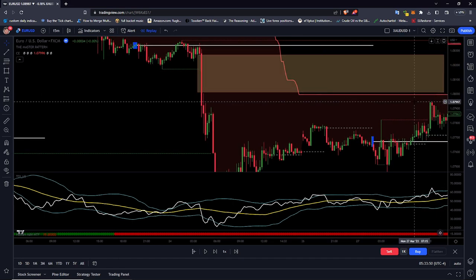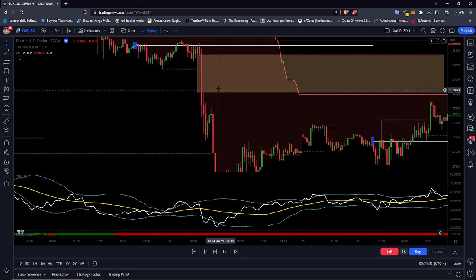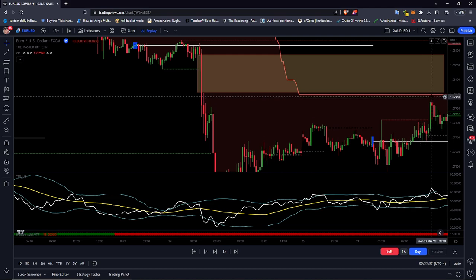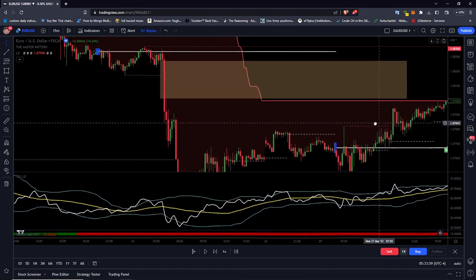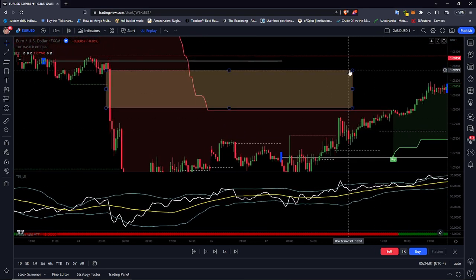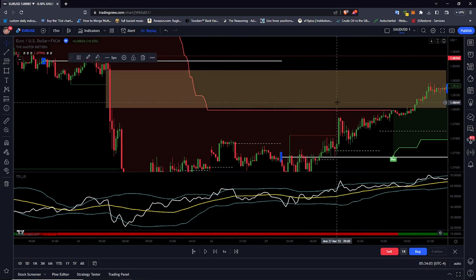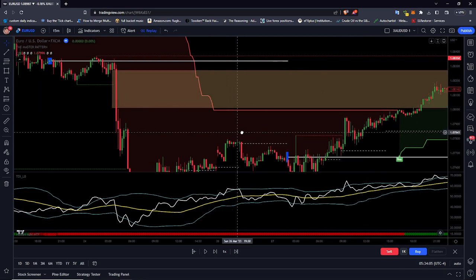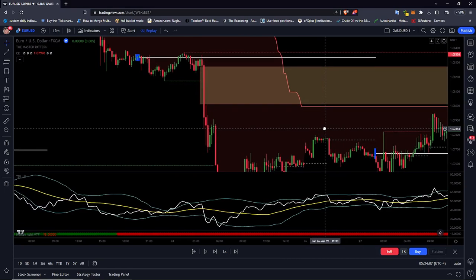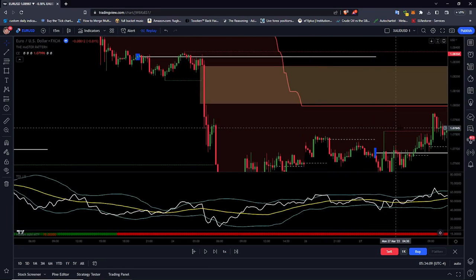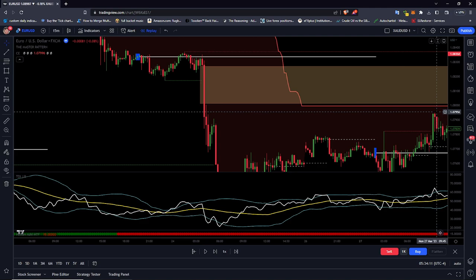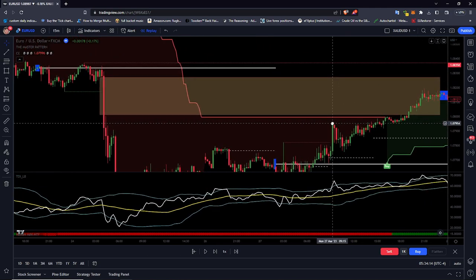I hate when there are those huge gaps right near your entries, because price will probably go and fill that gap, right? And obviously, the great majority of the time when you have a position, it's going to do this.